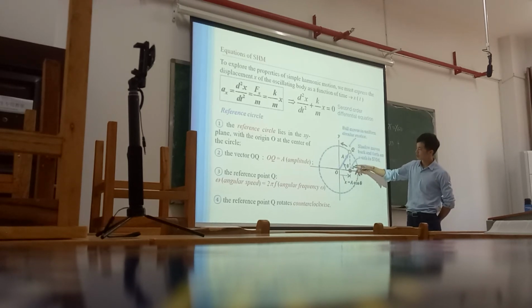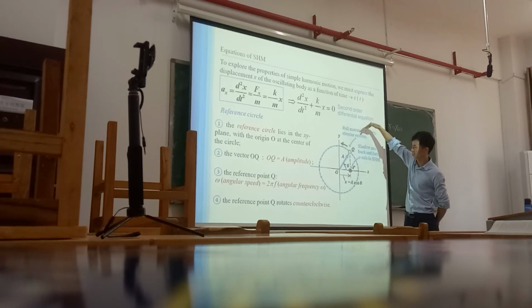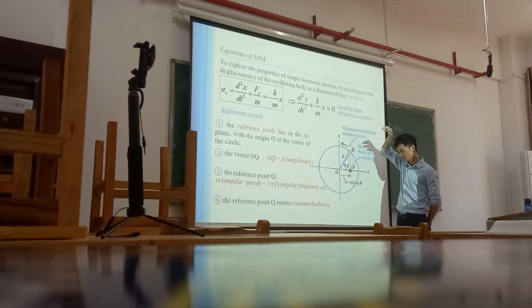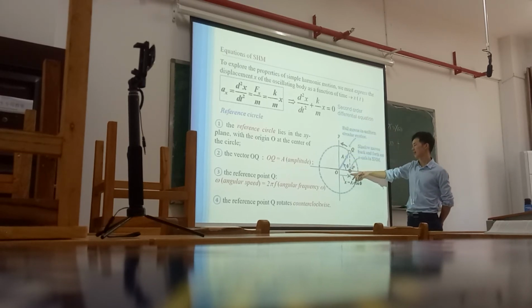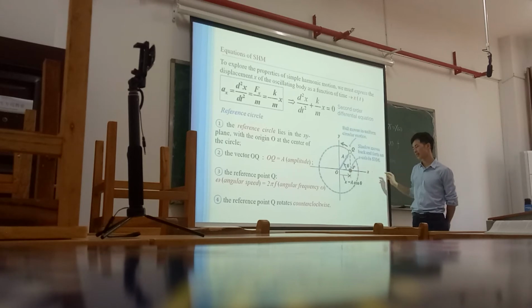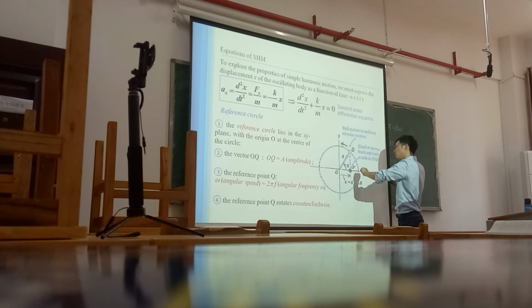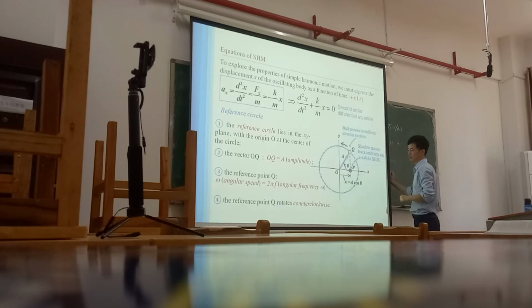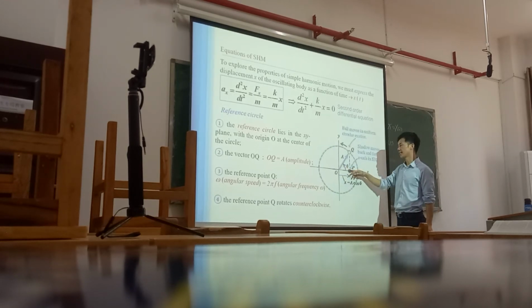And P is the shadow, if there is a light onto the x-axis. So when Q moves around the circle, then the shadow P will move along the x-axis.